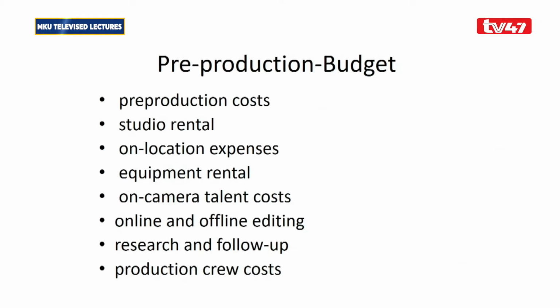So members of the production team, that is the script writer and the producer, will have to sit down and get that idea that either the producer or any of the production team members is having. Then they try to put that down in written form so that we can arrive at what we refer to as the script.